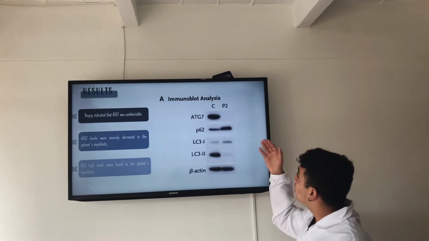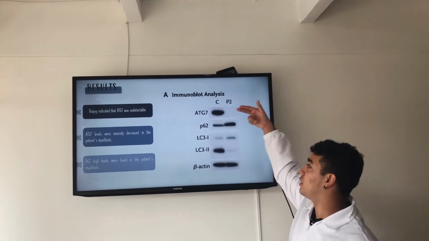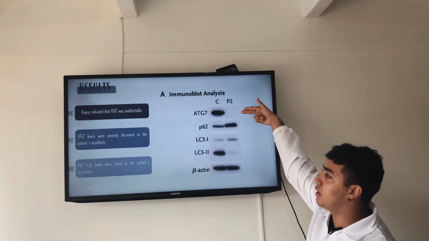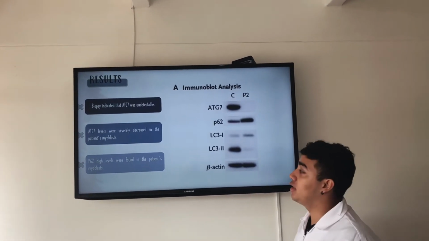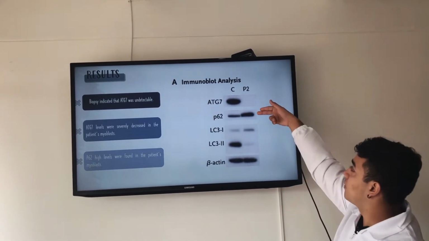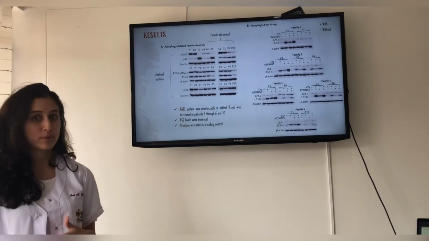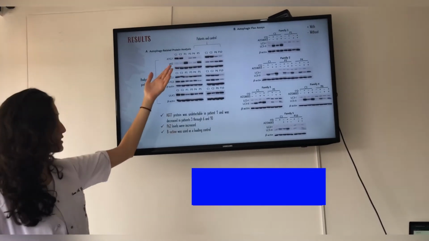Now, the myoblast analysis showed the following results. In the biopsy, ATG7 was undetectable. ATG7 levels were severely decreased in the patient myoblasts, and high P62 levels were found in the patient myoblasts. It's important here to see the ATG7 and the P62.